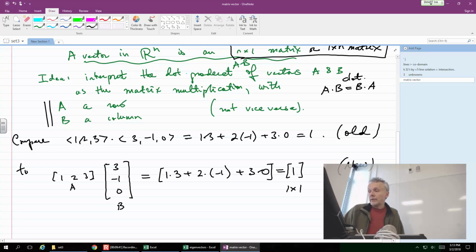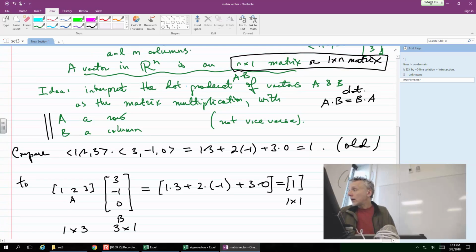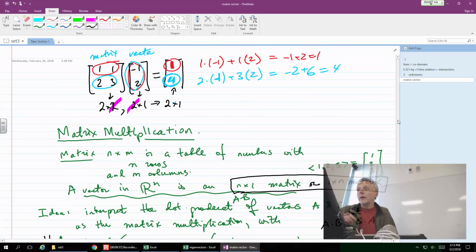So once again, this one is 1 by 3, this is 3 by 1, and the end result is a 1 by 1 matrix. That's how we're going to multiply matrices, just as we already did last time. So as you can see, row times column.